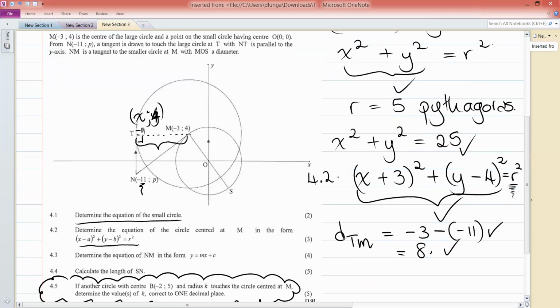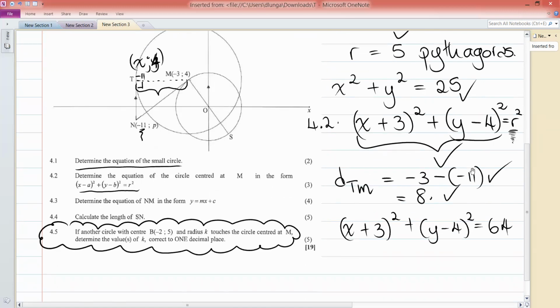So 2 marks there. So your equation, x plus 3 squared plus y minus 4 squared is equal to 64. Any questions so far? We remember we use the tangent perpendicular to radius.